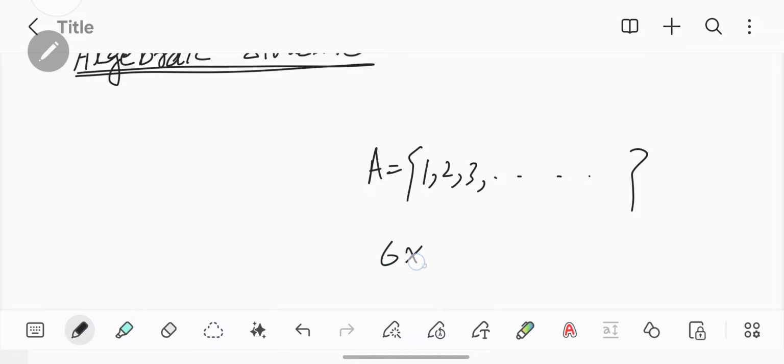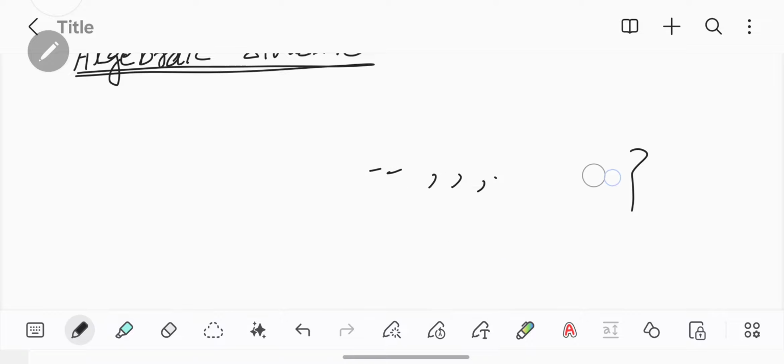If you multiply 6 and 18, you will get 108, which is again in this set, because these numbers keep on going. So all numbers from 1 to infinity are in this set. That means the binary operations addition and multiplication are defined on this set.